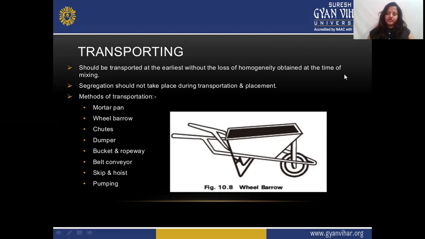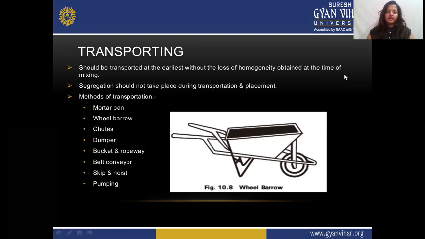For transportation, the truck that we previously saw in the third picture was usually used, where the rotating drum keeps the concrete in an agitated form, so that the concrete does not start to settle and set and form a hardened state.